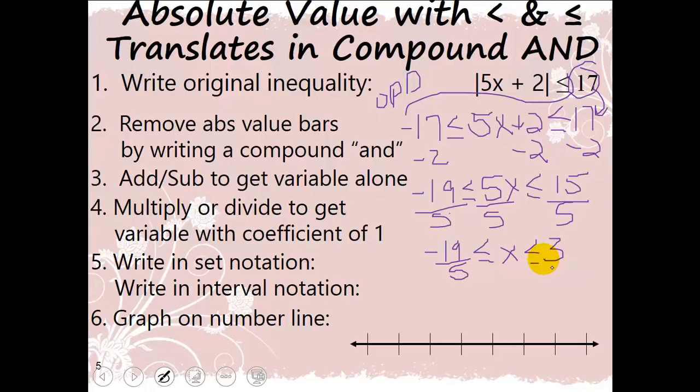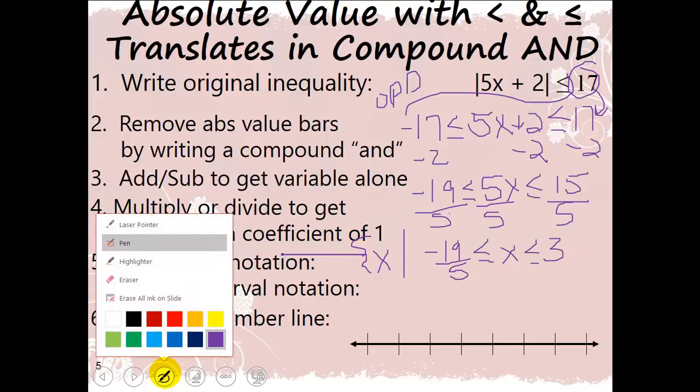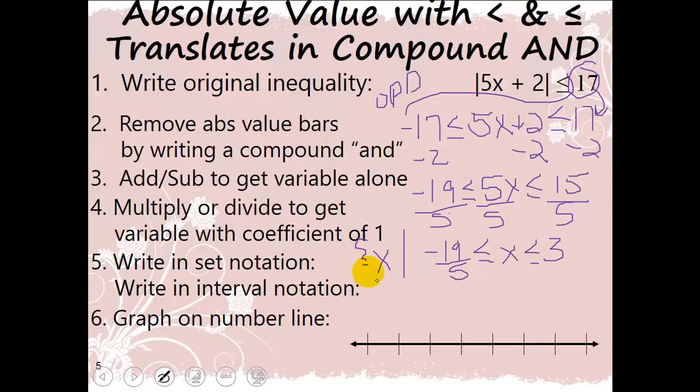And I'm going to go ahead and write it in set notation. In interval notation, I need brackets on both ends because with absolute value, your brackets and braces are always going to be the same thing. Not true with a compound, but with an absolute value, yes. And then 3.